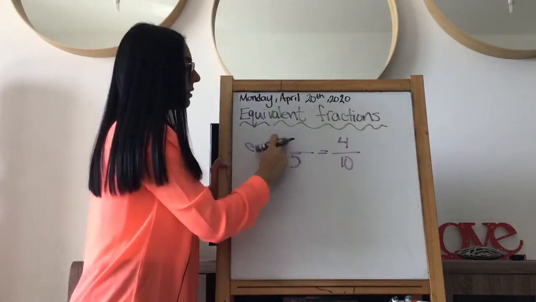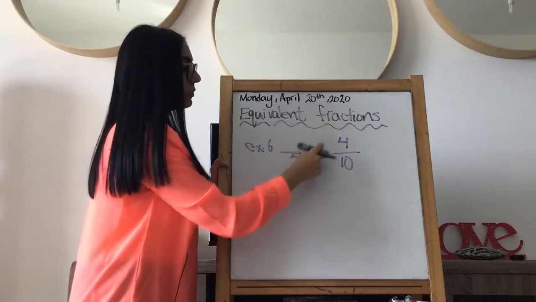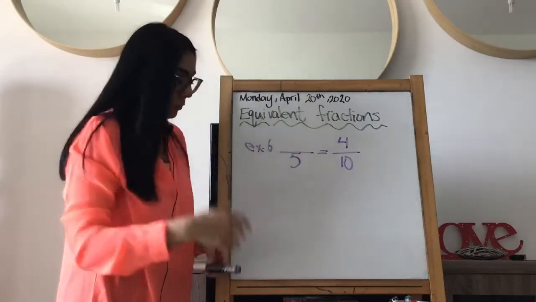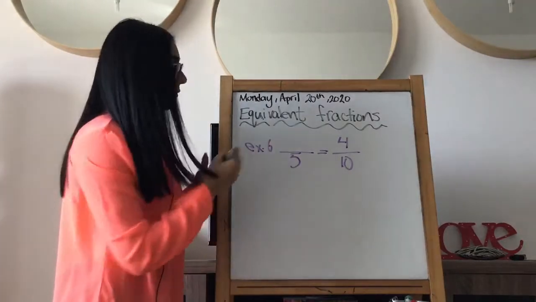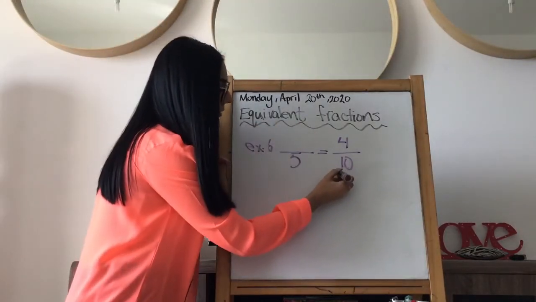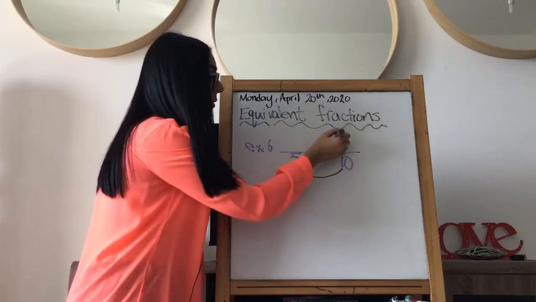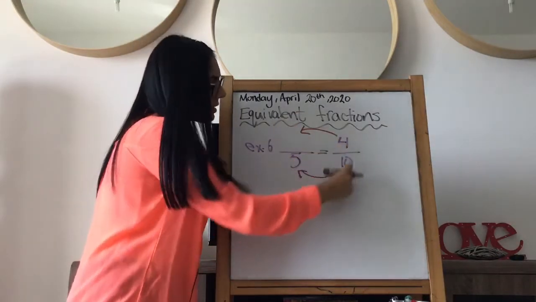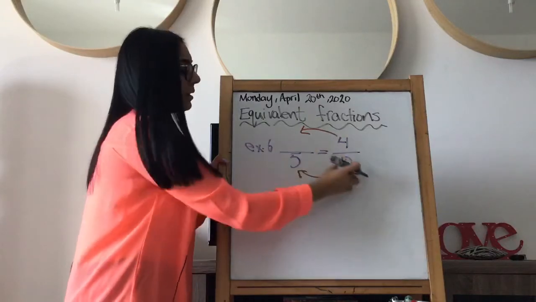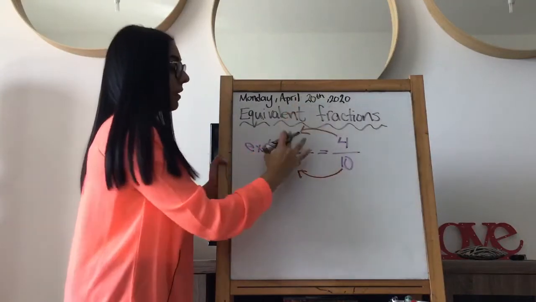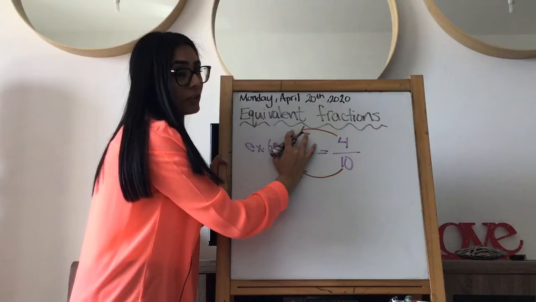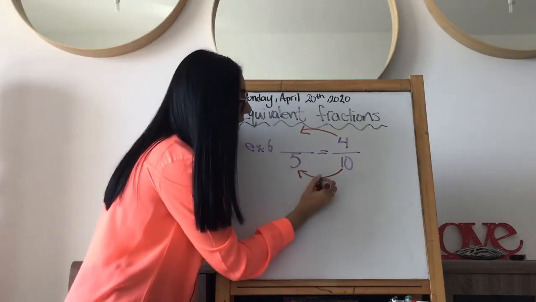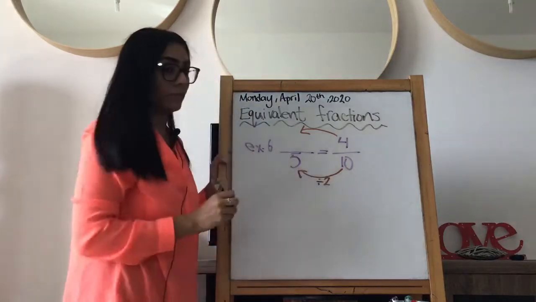Something over 5 is equal to 4 over 10. Now you're trying to do it backwards. Don't get confused. How did I get from 10 to 5? Remember, my arrow is going this way because I'm trying to find this one. What did I need to do to 10 to get to 5? This is my whole fraction that's given. To get from 10 to 5, I needed to divide by 2.